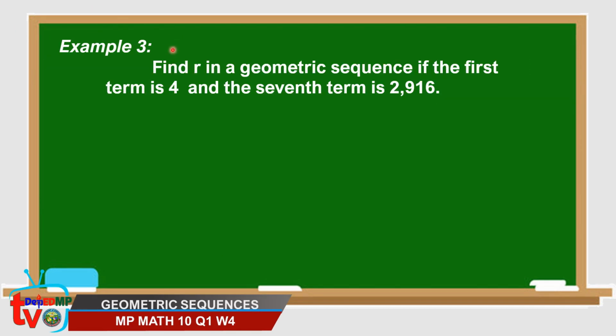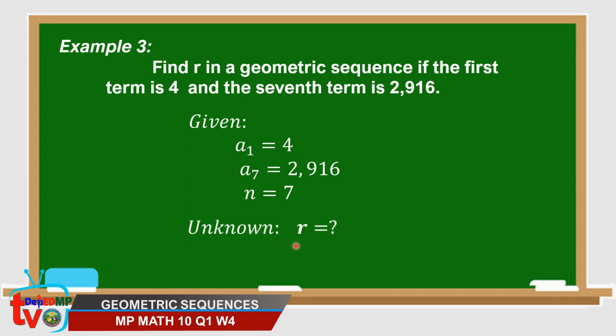The third example involves solving for the common ratio. Find r in a geometric sequence if the first term is 4 and the 7th term is 2916. The given values are a sub 1, which is 4, a sub 7, which is 2916, and n is 7. We are going to solve for the common ratio r.